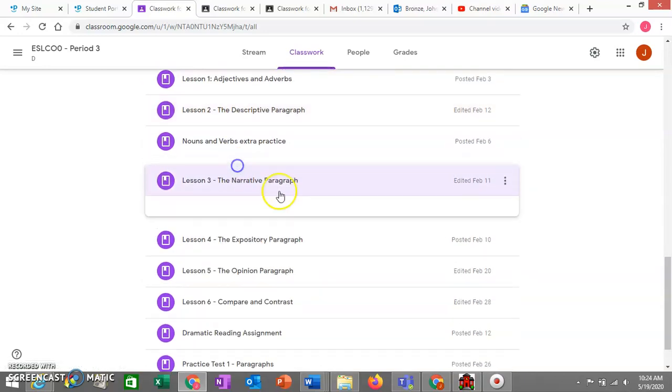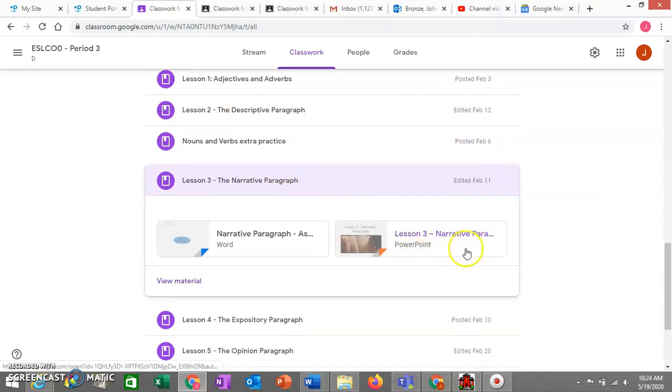Same thing for the narrative paragraph, which we have here. So the PowerPoint, it might help you, right? I have an example of a narrative paragraph that I wrote in there. This is probably not very helpful because it's pretty similar to what you already have on the Word document. All right, so we're going to go back to the Word document and then talk a little bit about how to write these types of paragraphs.